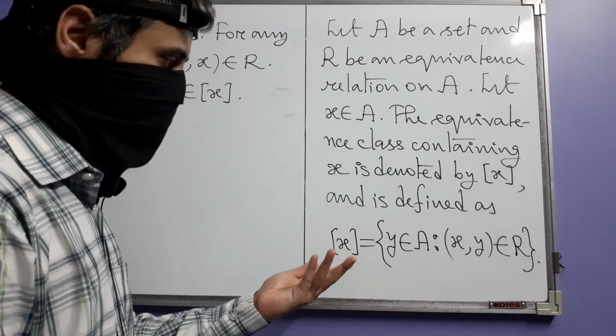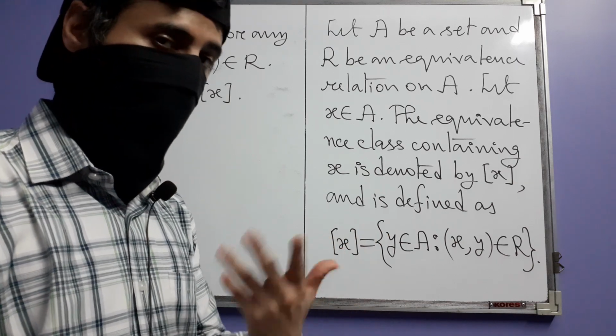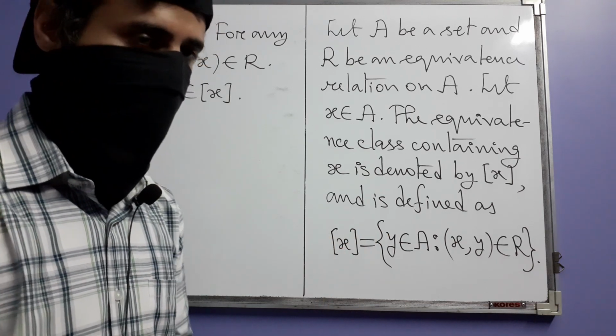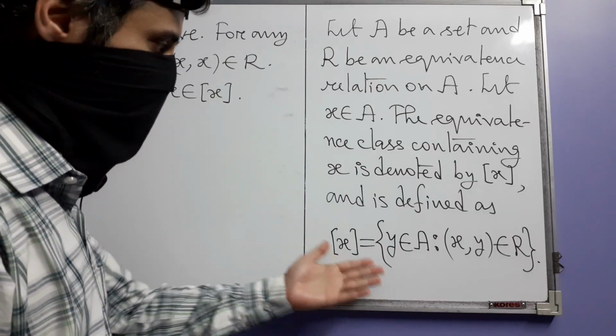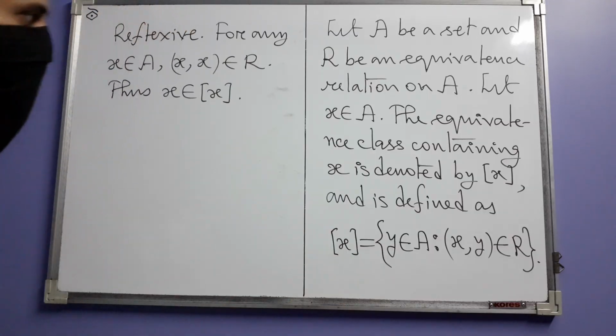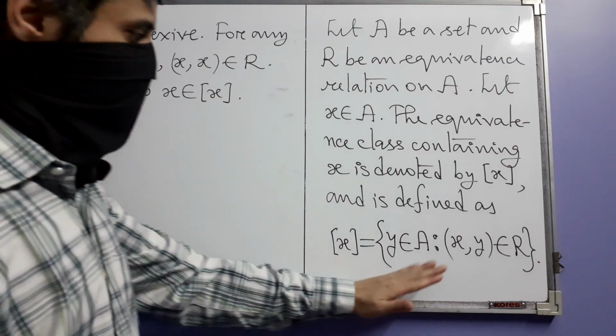So maybe there is someone alone, but at least that person is his or her own friend. Okay, we are assuming that that's always the case in this analogy of relationship with friendship. So that is one thing you get to see about these equivalence classes.